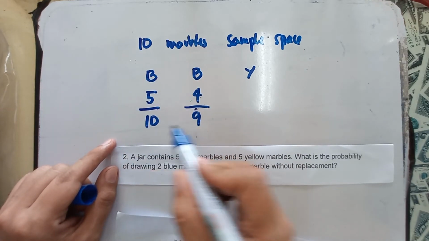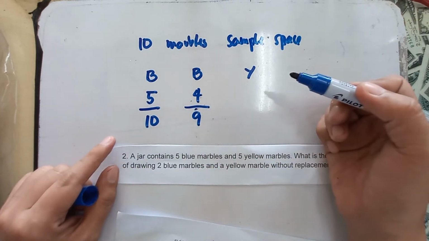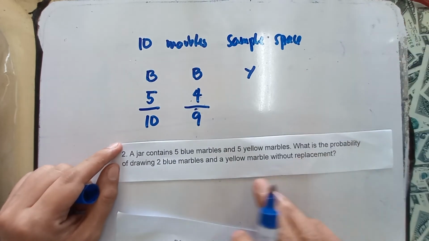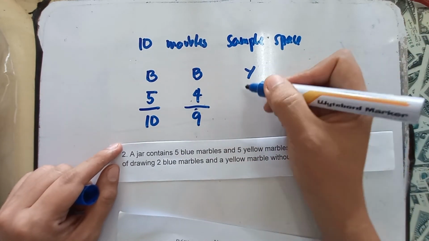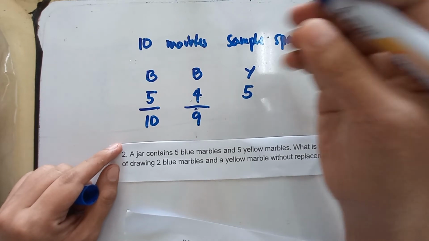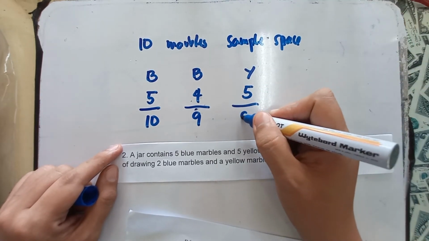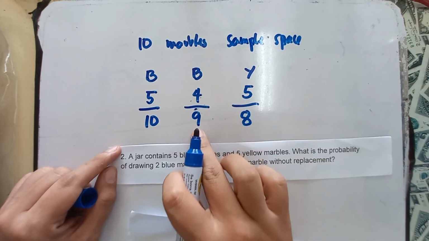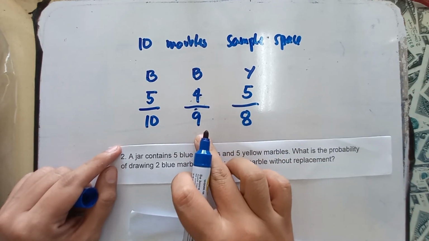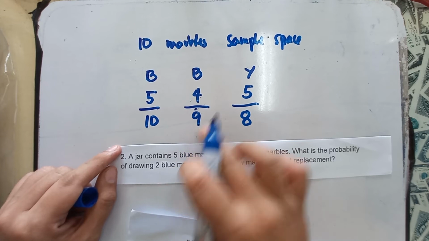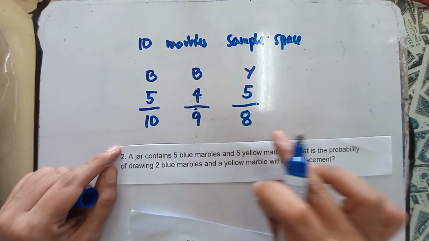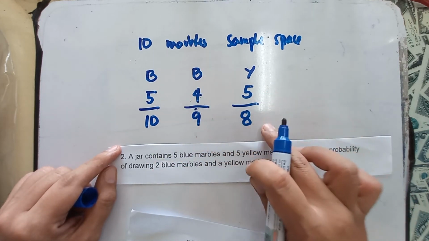So from 10, it becomes 9. For the yellow marble, you have 5 yellow marbles. So there are 5 yellow marbles in the box. All over, the sample space becomes 8 because you are not going to put back what you have picked in the second event. So we have here 5 over 8.